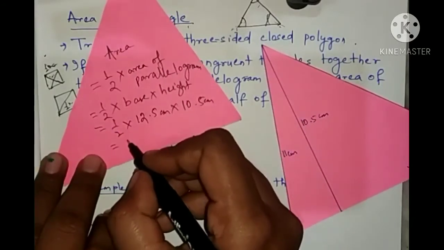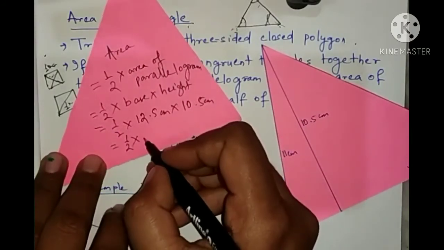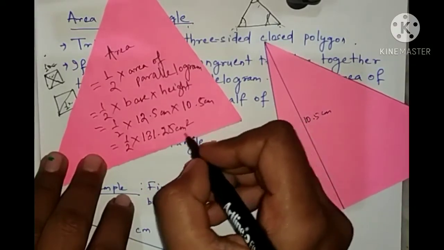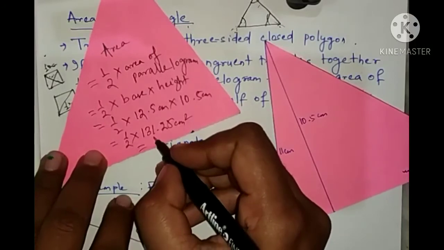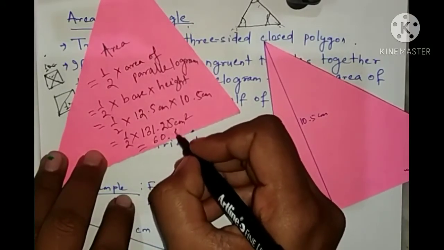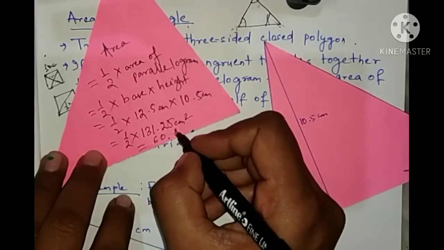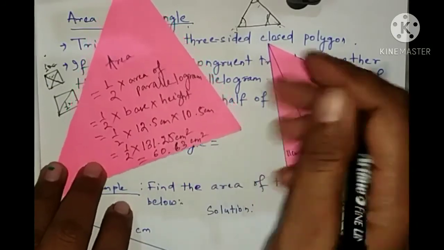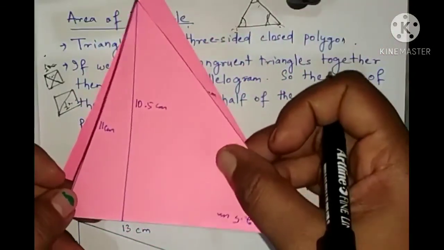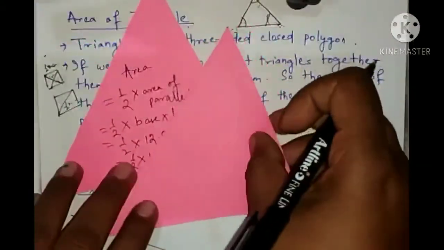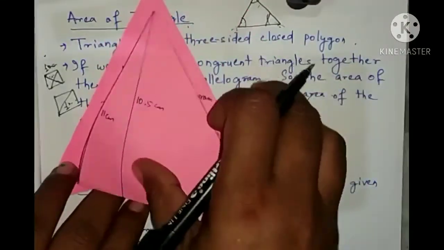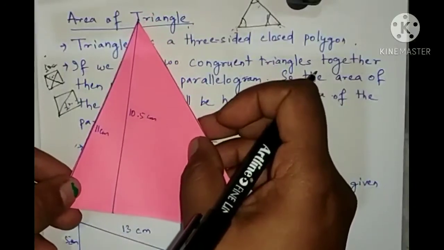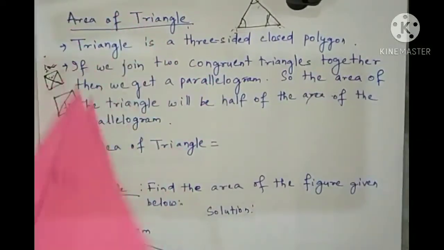So I got half into 131.25 square centimeter, equal to total area 60.63 square centimeter. Like that you can find out the area of this one also, and both will be the same because they are congruent triangles.